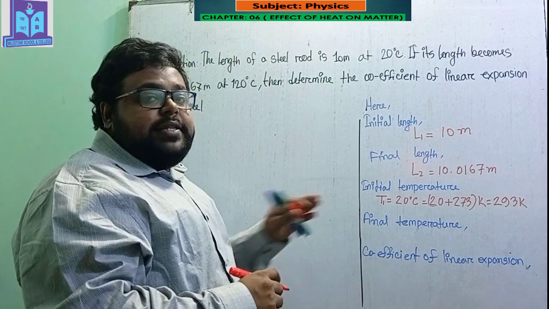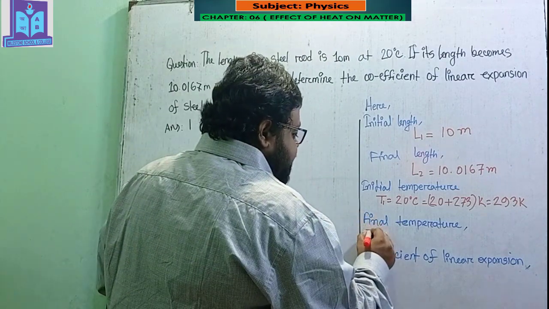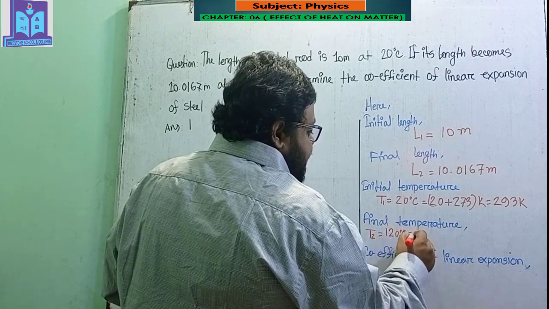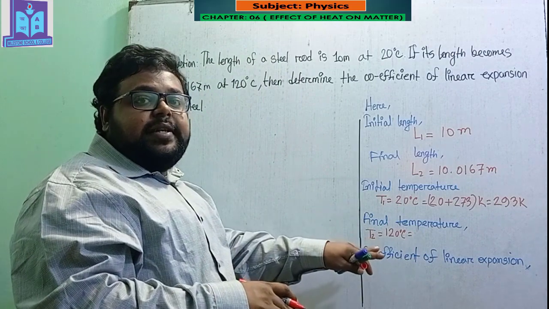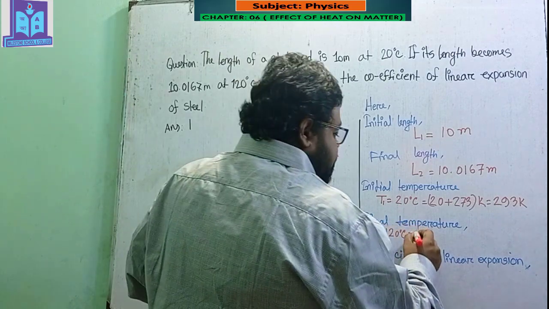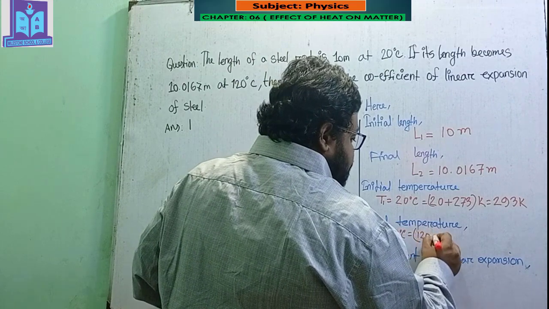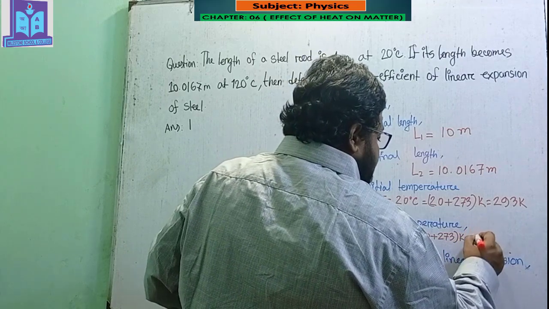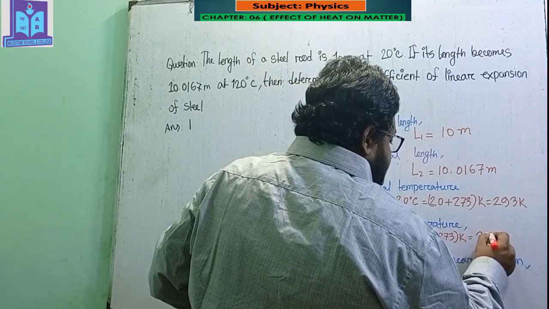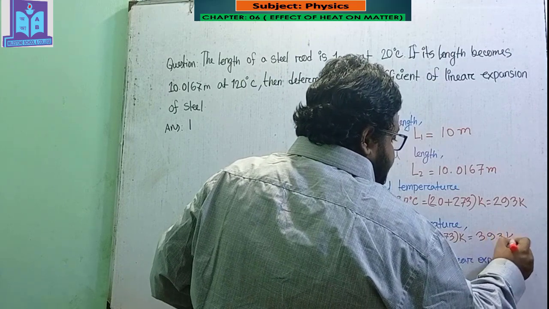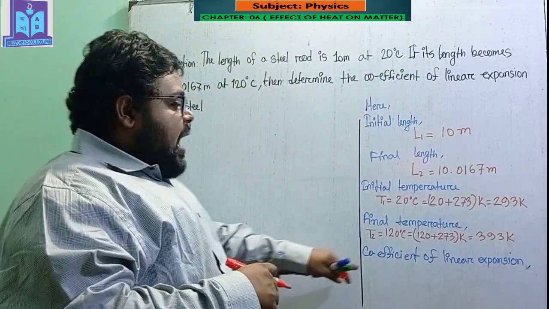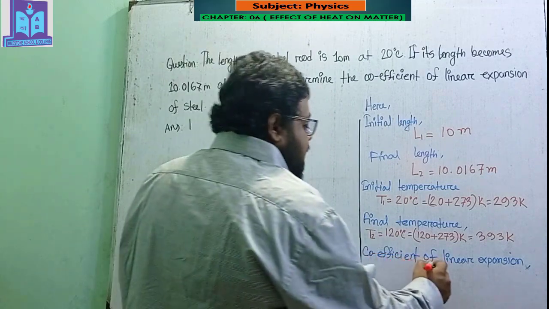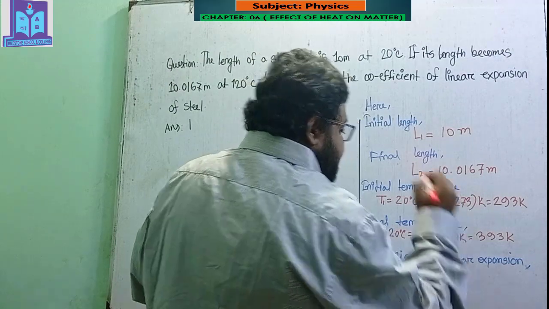The final temperature T2 is 120 degrees Celsius, and I can also convert this to the Kelvin scale: 120 plus 273 equals 393 Kelvin. And I have to find the coefficient of linear expansion, alpha equals what?